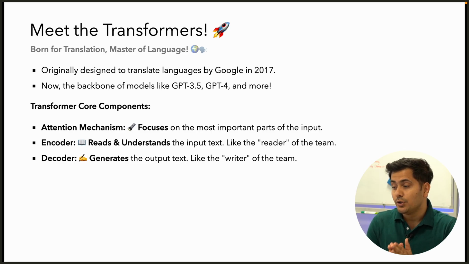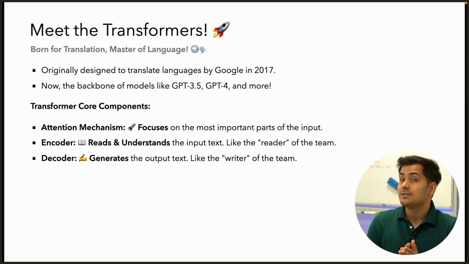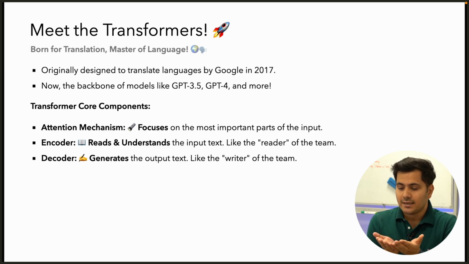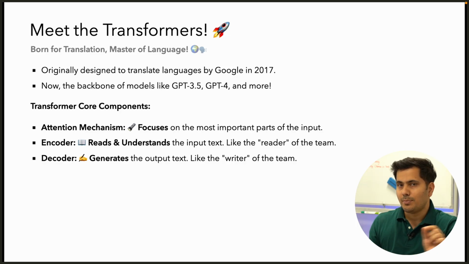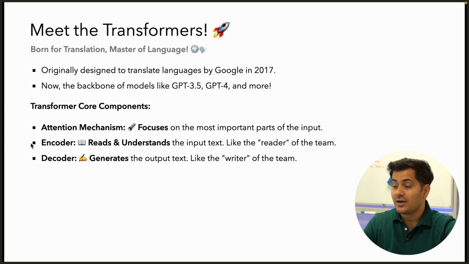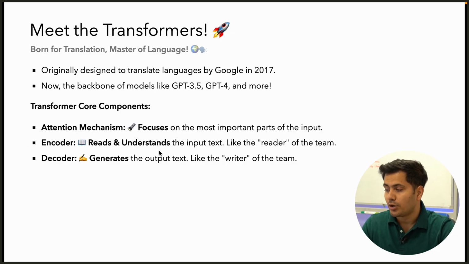One of the mechanisms they use is the attention mechanism, which allows the transformer to understand the text not just by looking at a few tokens at a time from a window, but by looking at the text holistically and at the relation of one particular token to all the other tokens in the text. And there are encoder and decoder components of a transformer model. One is to understand the input, and the other is to generate the output.